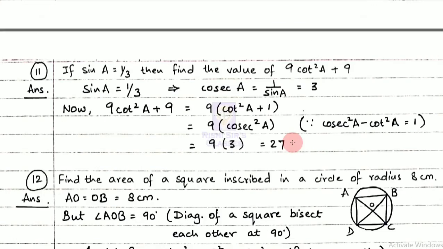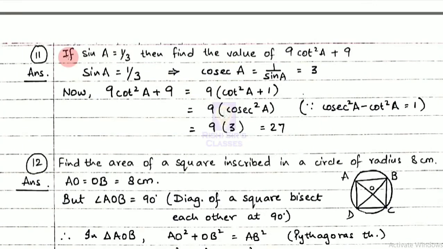Moving on to question number 11. We are given the value of sin a as 1 upon 3. We need to find the value of 9 cot square a plus 9. We know cosec is the reciprocal of sine, so if sine is 1 upon 3, cosec will be 3.